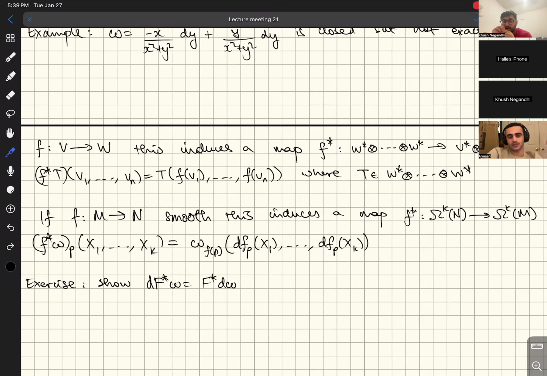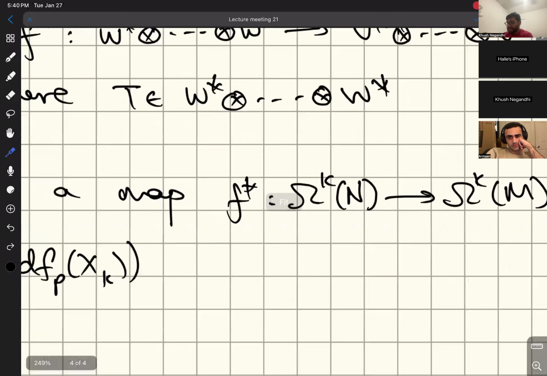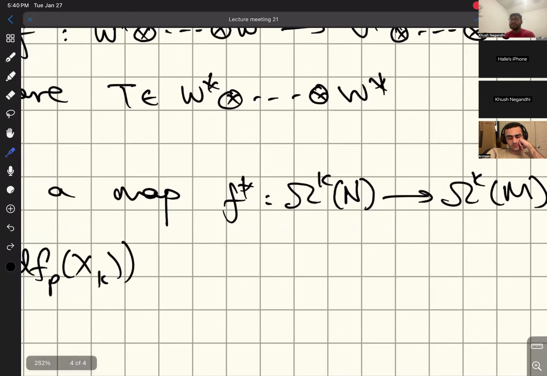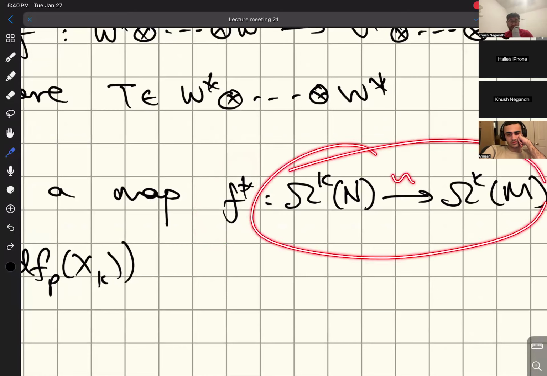Is the function at least surjective? No, it doesn't have to be anything. It could be any smooth function. It doesn't matter what the smooth function is. It turns out that if f is invertible, then this pullback map is actually bijective, and it gives you an isomorphism between these two spaces.